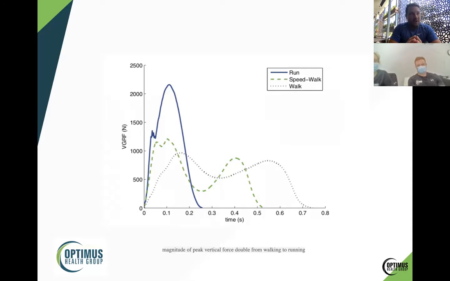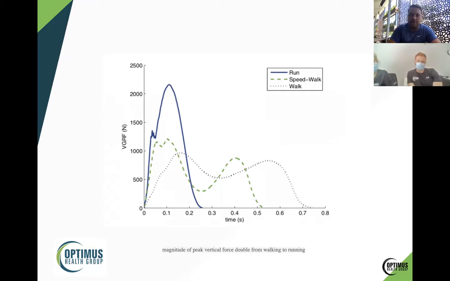I freak out sometimes when I don't see an ACL client for a couple of weeks, and we've been doing walking-based ground reaction forces, and all of a sudden they say, oh yeah, I went for a 10-minute jog. That's where you can throw in some flags, and you know you have to educate them more and hold them back, because they're just going to be gung-ho.